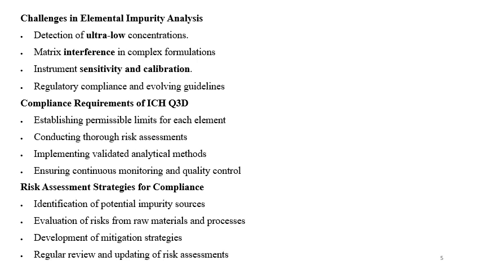Risk assessment strategies for compliance. So how will the risk assessment be done? It will be done through identification of potential impurity sources, evaluation of risk from raw materials and processes, development of mitigation strategies, regular review and updating the risk assessments.